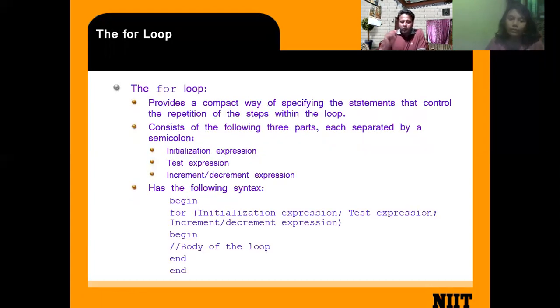The for loop provides a compact way of specifying the statement that controls the repetition of the step. Repetition means it is repeated, but you have to control it. Suppose you invite 50 friends to your birthday and you prepare 50 plates of food.